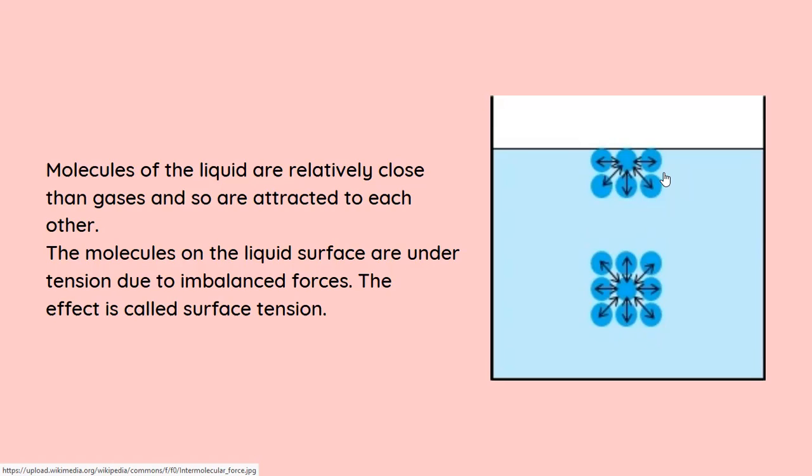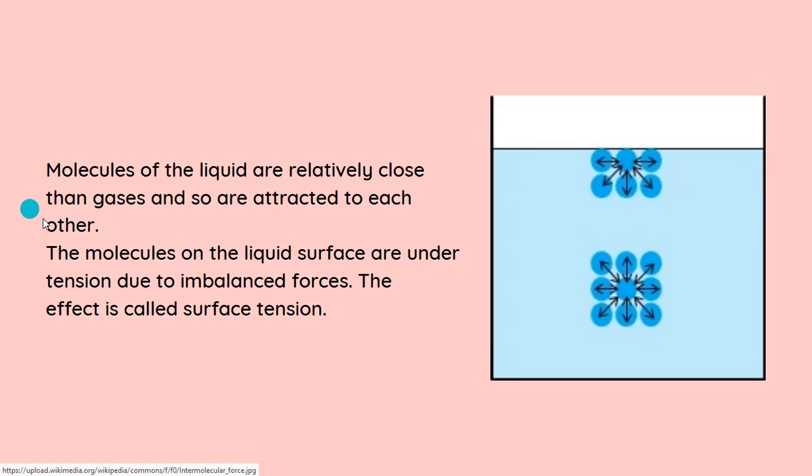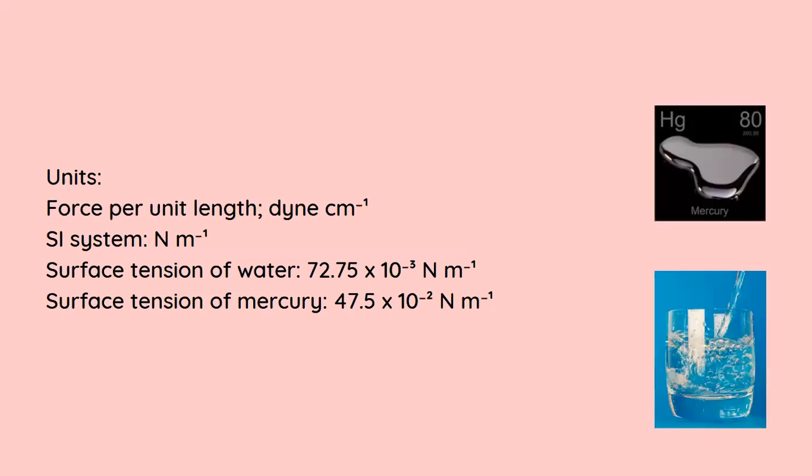Now, if you want to increase the surface area, some amount of work has to be done. So the surface tension is the force per unit length acting perpendicular to the tangential line drawn on the surface of the liquid, and it's represented as gamma. The units of this are force per unit length, that is dyne per centimeter.